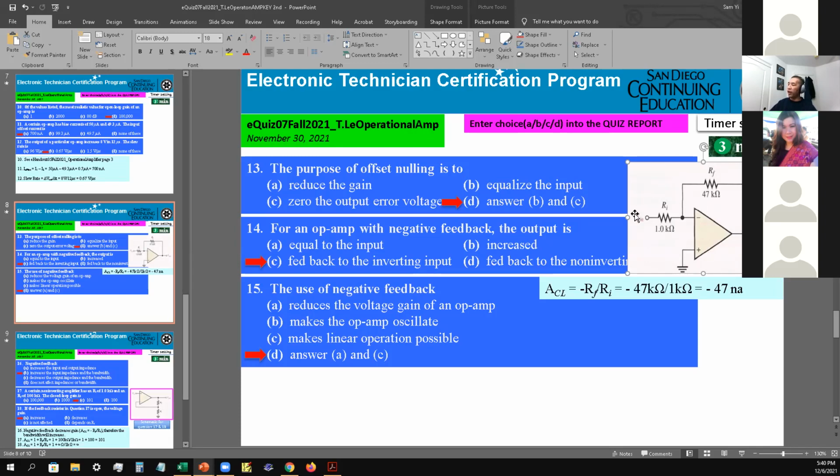We just want the answer that comes directly from the input. But if you don't offset, you're going to have some voltage that exists at the V out at the beginning. In other words, just zero out the whole thing.